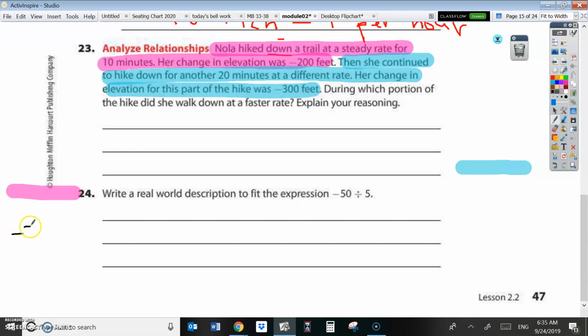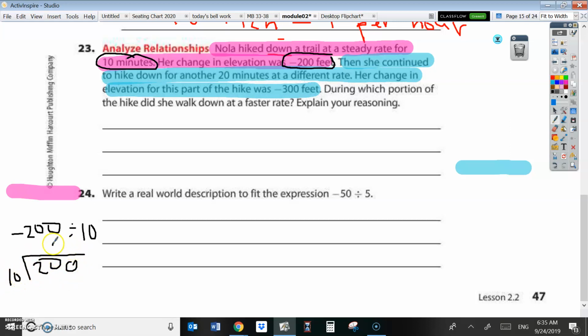She did negative 200 divided by 10 minutes. That's here and here. So that was 200 divided by 10 to 20.